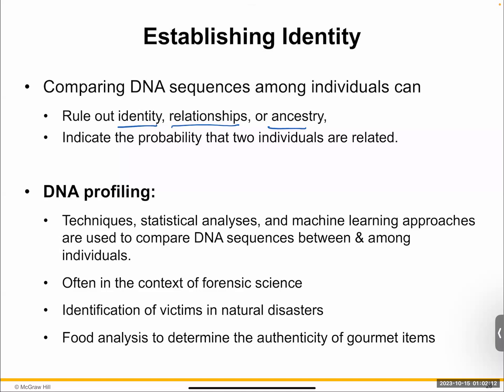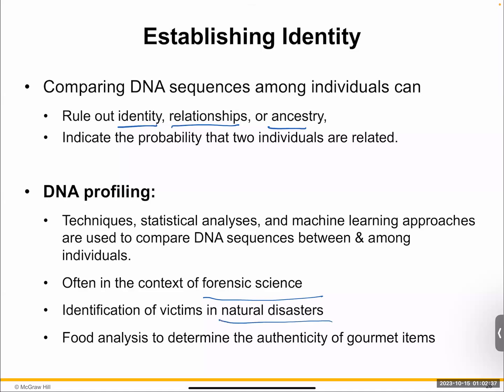DNA profiling is another thing that has become such a common thing in forensic science, right? If somebody gets killed, if somebody gets sexually assaulted, those forensic cases can be helped by using genetic information.